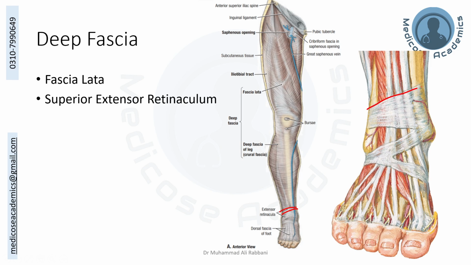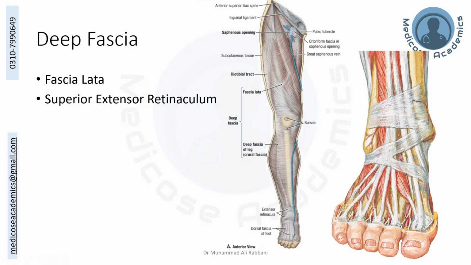So when talking exclusively about the leg, there will be extensor retinacula. It has two parts: the superior extensor retinacula, which is technically a part of the leg, and the inferior extensor retinacula, which is technically a part of the dorsum of the foot. In this lecture we will discuss this extensor retinacula.